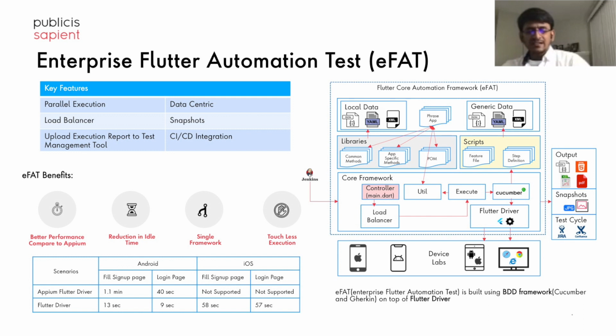You can see that the Appium Flutter driver for Android takes 1.1 minutes, but Flutter driver just takes 13 seconds. Generally, iOS takes more time; with Appium it takes 3-4 minutes to execute any script to find the element.